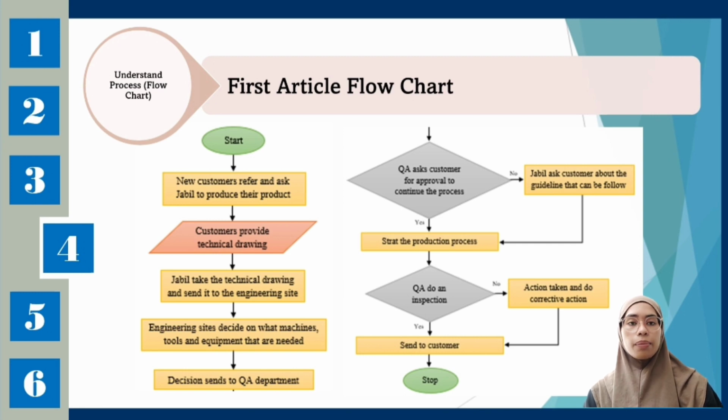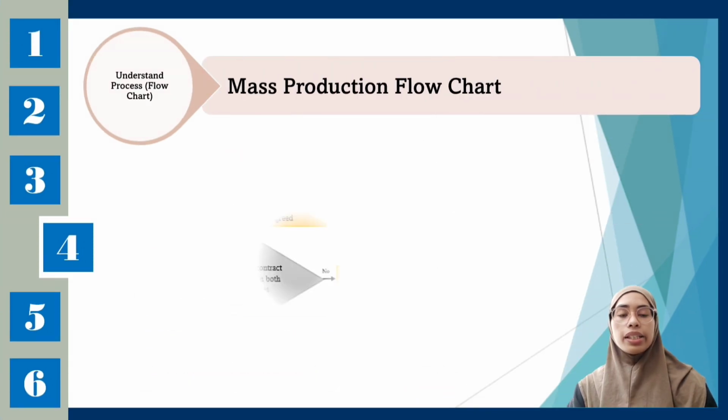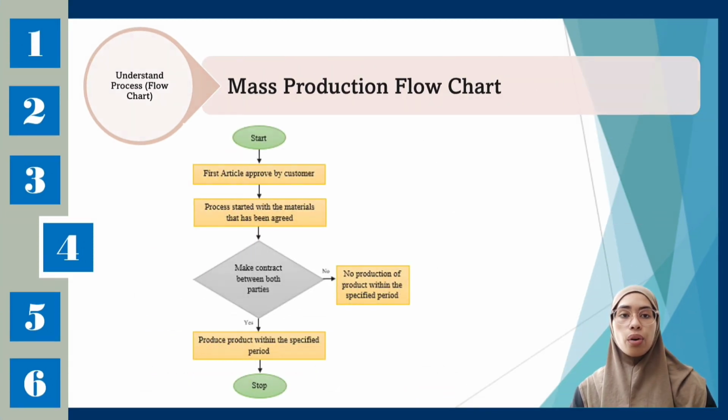Then, when they have signed the contract, JABIL can produce the product, and can continue producing it until the agreed period. So these are the first article flowchart, and this is the mass production flowchart of JABIL company.